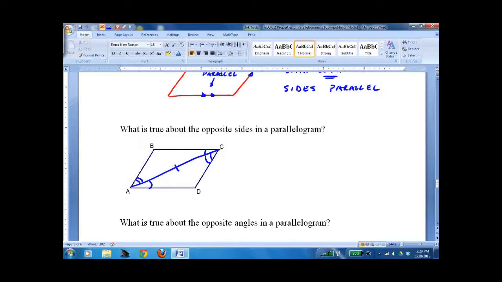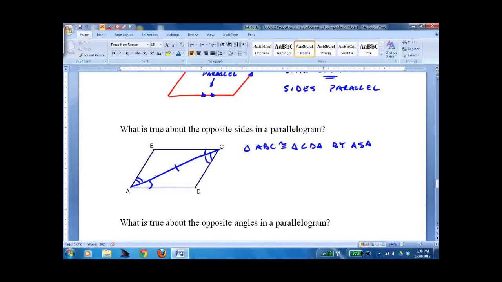So you learn that triangle ABC is congruent to triangle CDA by angle side angle. Once you know that, then all the other properties just come into play.